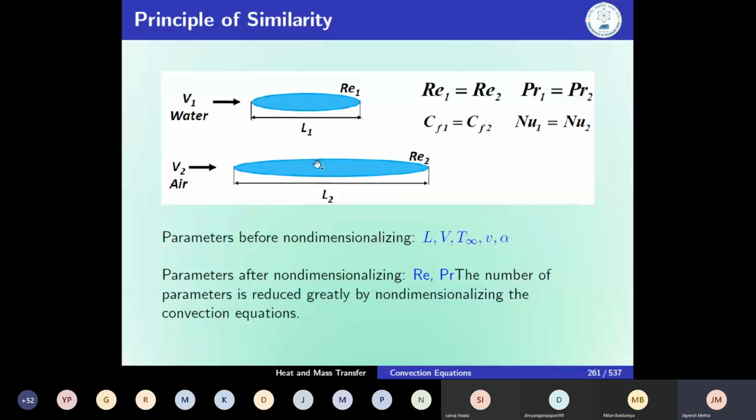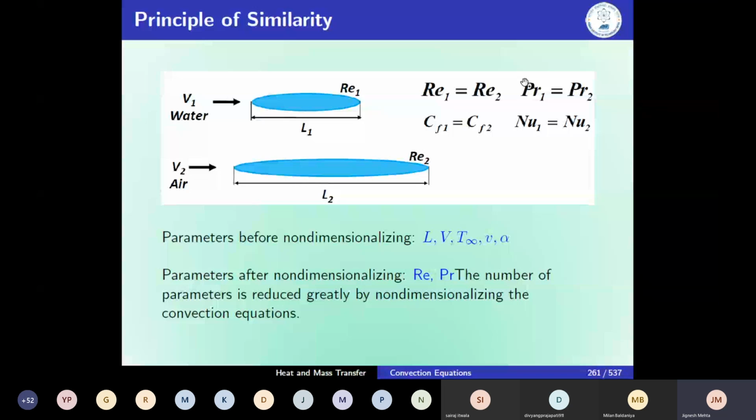But then for this, you might have to do another set of experiments. But what you find is that the shapes are similar, and if you find Reynolds number, it may happen that both of them have the same Reynolds number, and Prandtl number again might be equal, though the fluids are different, at a particular condition of temperature and pressure.